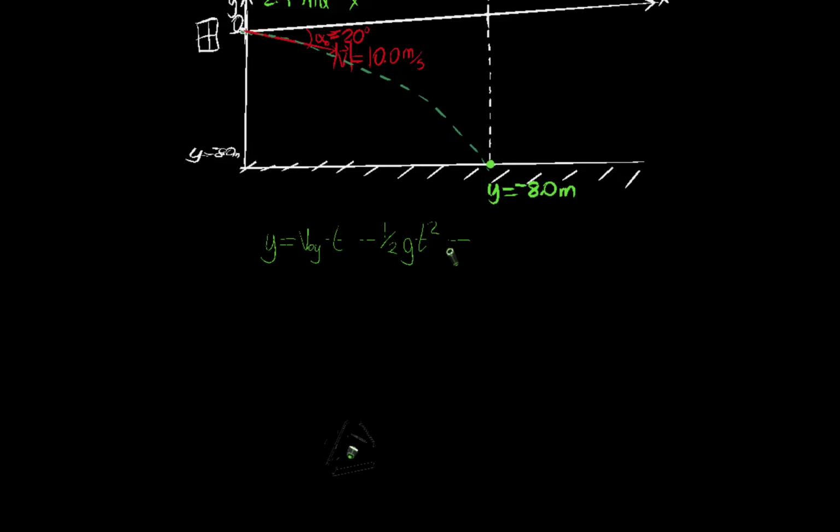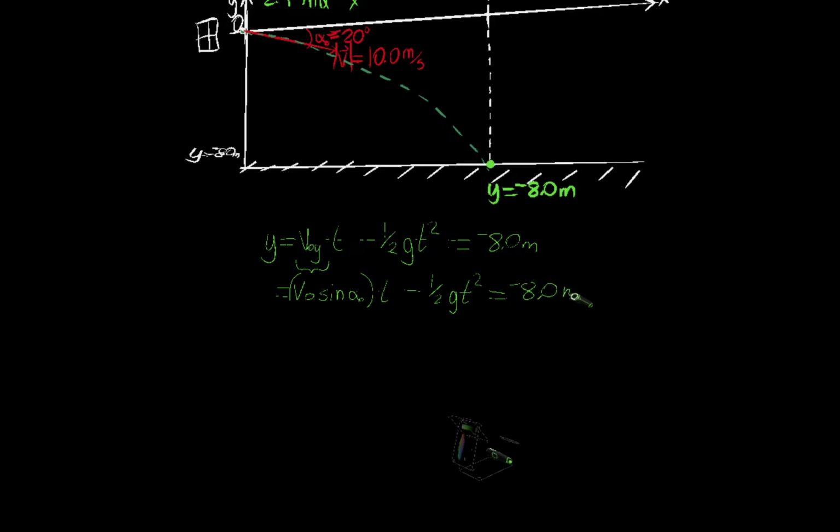And the y is equal to this y, negative 8.0 meters. And this v naught y here, that's v naught sine alpha naught, because we're talking about y, times t, minus 1/2 gt squared. And that is equal to negative 8.0 meters still. That's our equation.